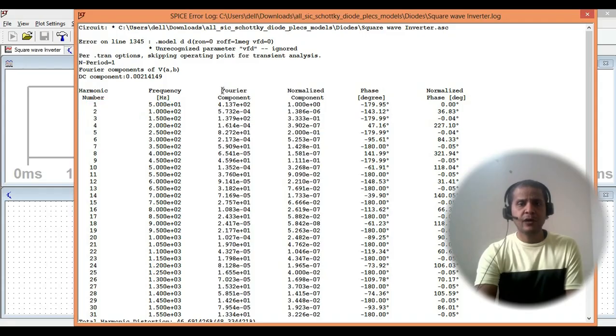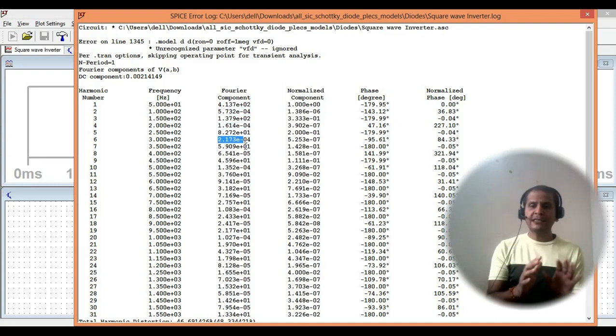If you look at the Fourier components, the first harmonic is 4.13 into e to the power plus 2, while if you look at the second harmonic, that is the even harmonic, the Fourier content is 5.7 into e to the power minus 4. Now, what is the 6th harmonic? Minus 4. What is the 8th harmonic? Minus 4.